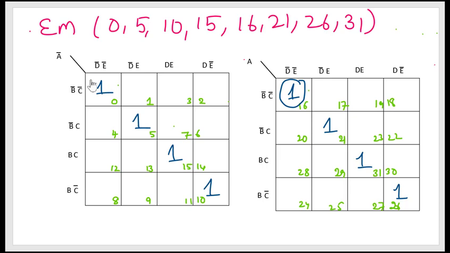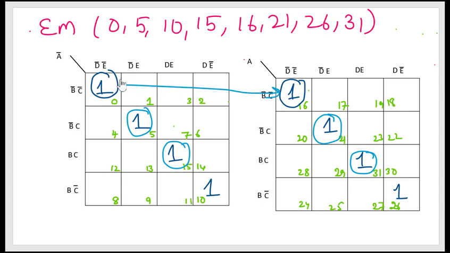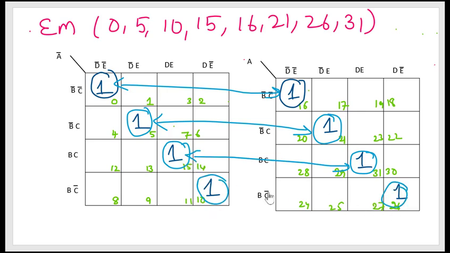That means these 2 ones can form a pair, and these 2 ones also form a pair, and these 2 ones also form a pair. These 2 form a pair. These 2 ones also form a pair, because both are at the identical location. And similarly, these 2 ones also form a pair. So you are having 4 pairs.